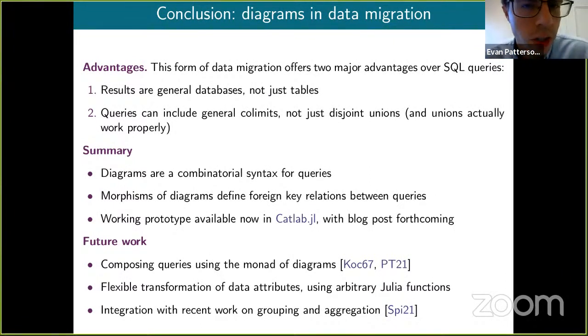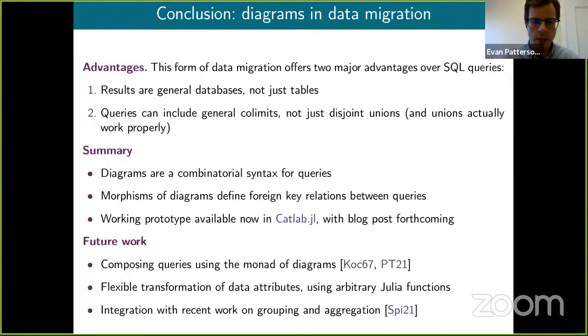So the advantage, as I see it, of this form of data migration over, say, queries on a SQL database is twofold. This applies to all forms of functorial data migration, not just this one.